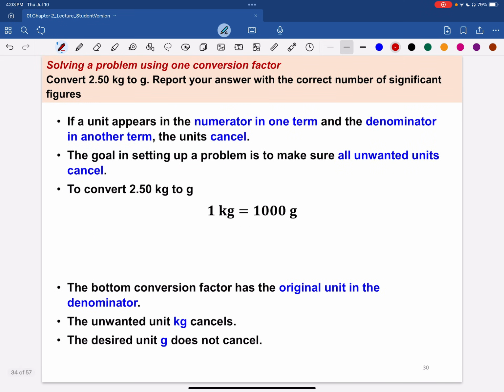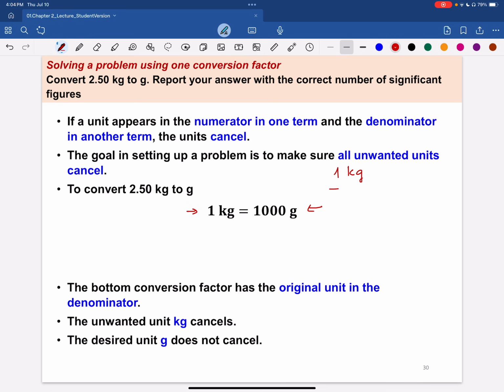Now, let's start with a simple problem using one conversion factor. How can we convert 2.5 kilograms to grams? Based on the first video of this chapter using the prefixes, we know 1 kilogram equals 1,000 grams. There are two conversion factors that you can write.